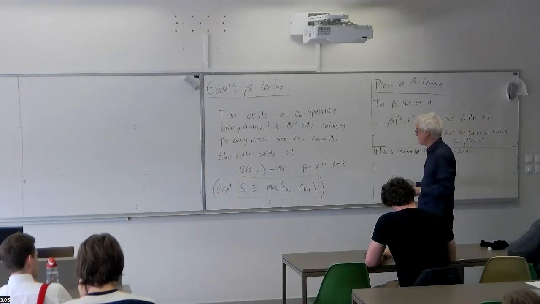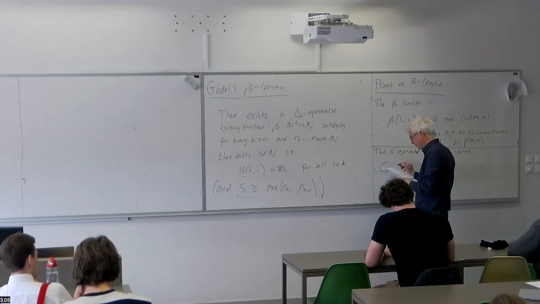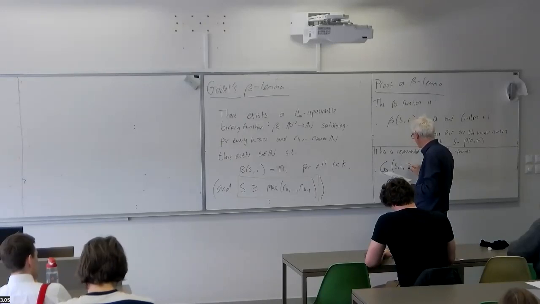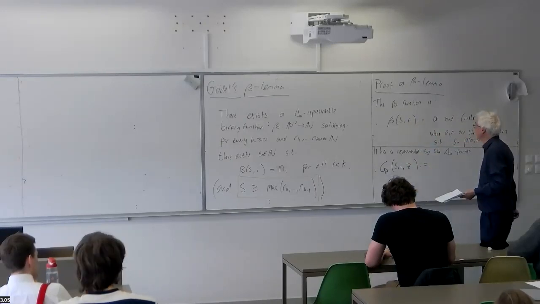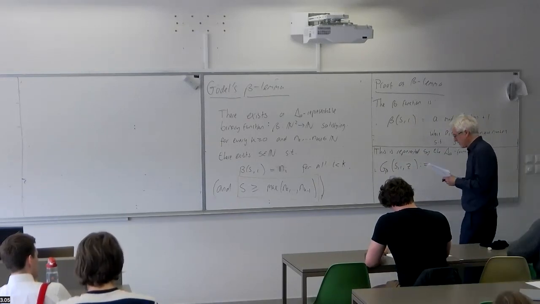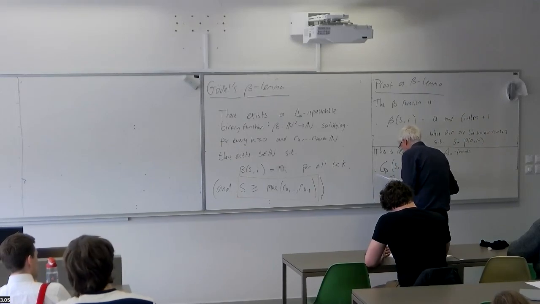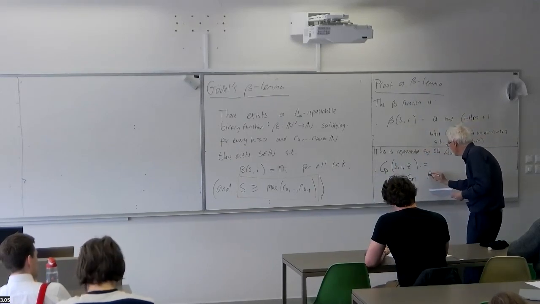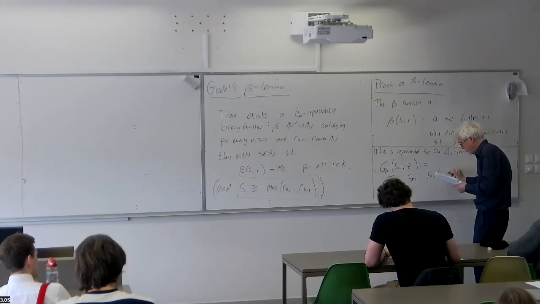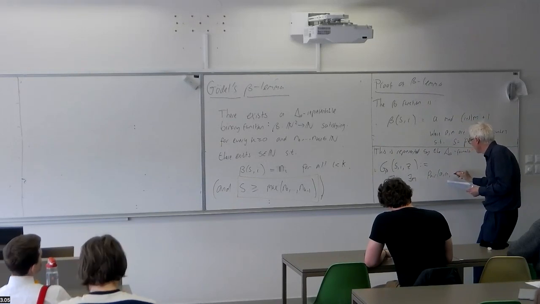I was calling it G beta before. So G beta of S, I, Z is going to be true if Z is beta of S and I as above. So we need to say that there exists an A and there exists an M such that S is the pair of A, M according to the P function.